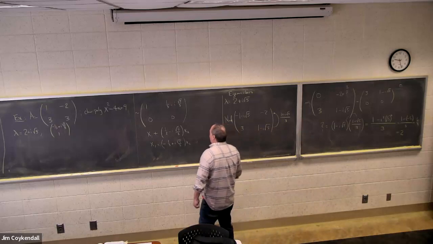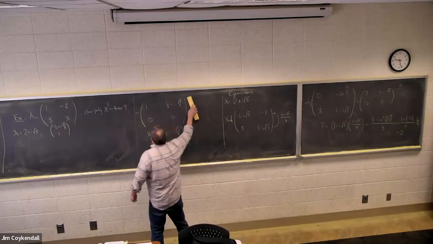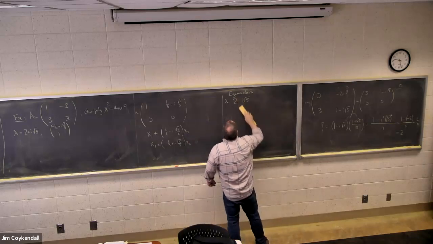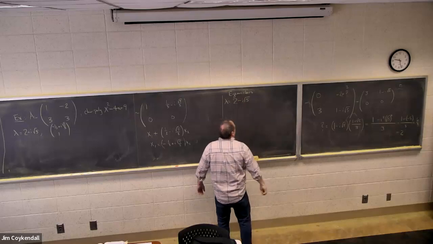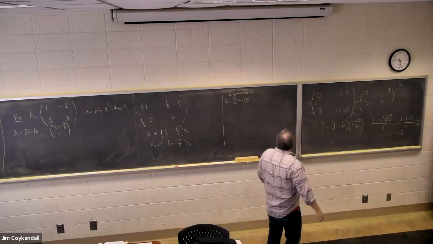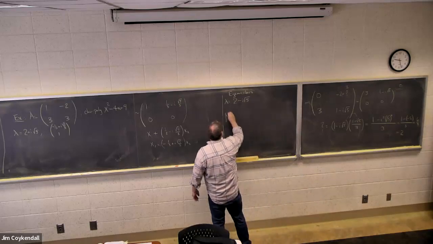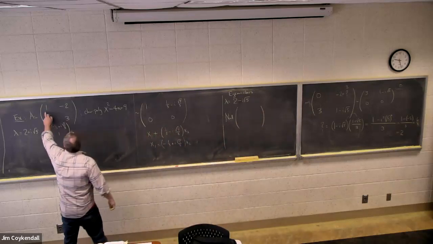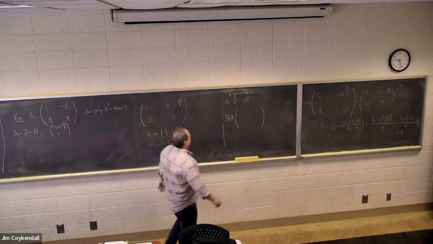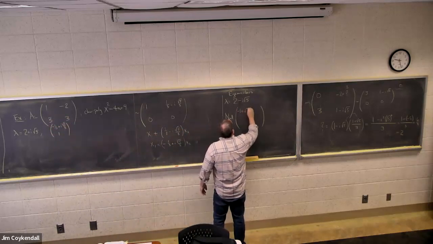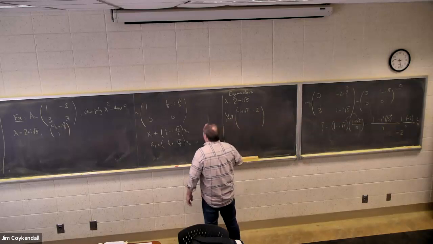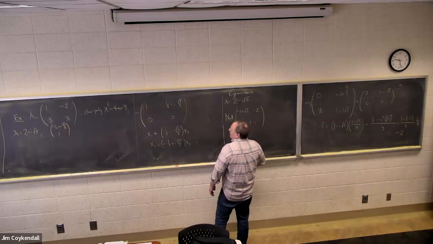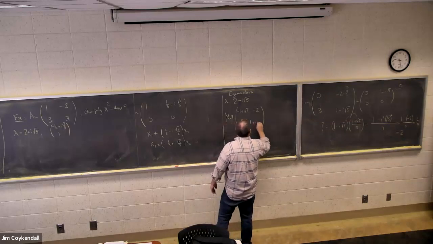Okay, let's look now at the other eigenvalue. Let's look at this conjugate, see what happens. Now we're looking for the null space of the matrix. Well, now it's going to be minus 1 plus i radical 5, minus 2, 3, and now it's going to be 1 minus... no, I'm sorry, 1 plus.